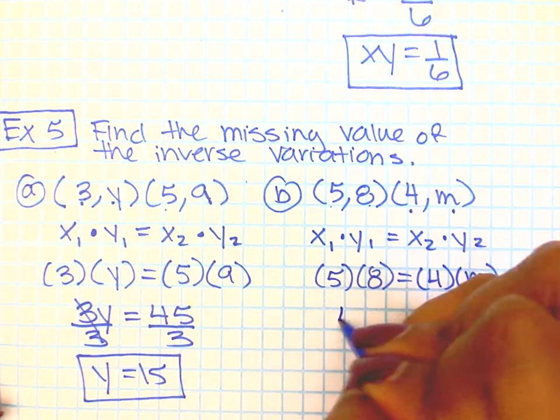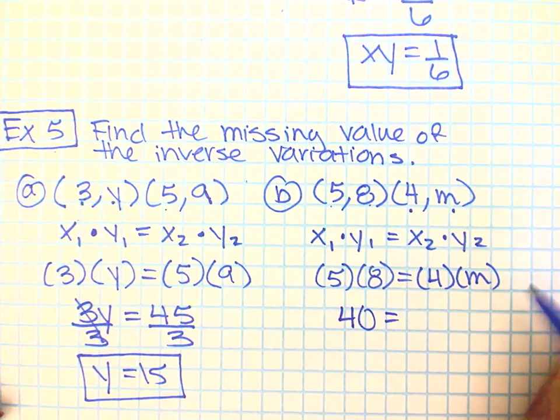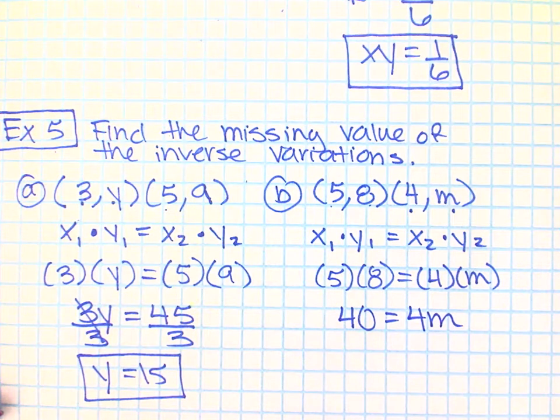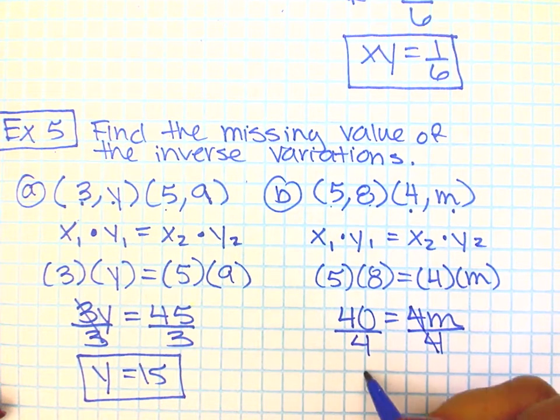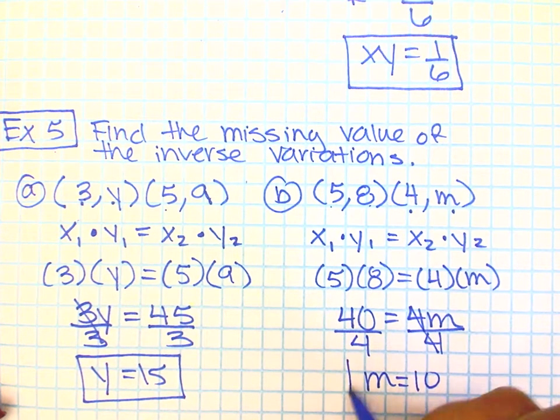Five times 8 is 40. 4 times m is 4m. Solve for m. Divide by 4 on both sides to isolate the variable. M equals 10.